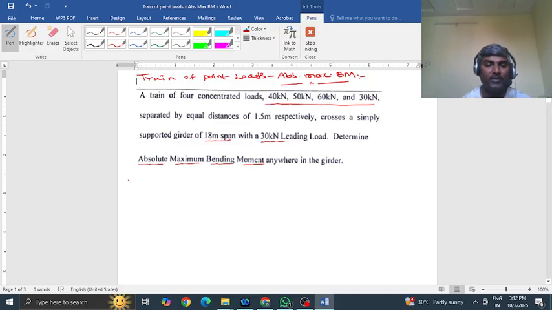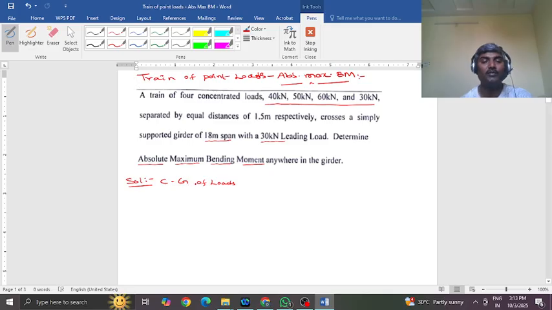So there is a condition for this. If you satisfy that condition, then you will get absolute maximum bending moment. So what is that condition? First you work out the CG of these loads. Once you get the CG of the loads, you choose the load nearest to the CG.